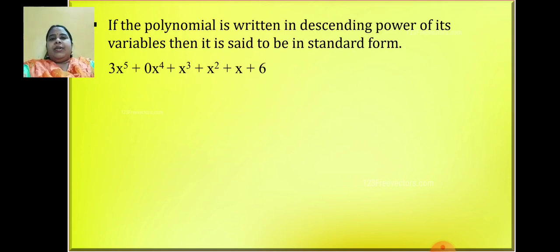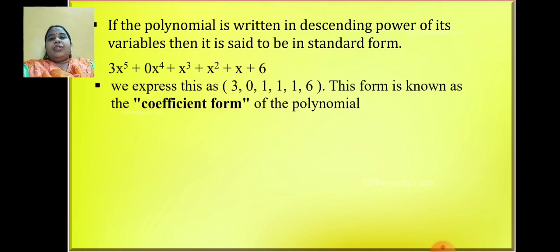Even in the standard form, if you don't write this 0x raised to 4, it is okay. You just have to see that it is 5, then the descending number 3, then 2, then 1 and constant. Even if you don't write this, it is okay. It is required in coefficient form. Now when I want the coefficient form, I have to write the missing variables with 0 coefficient.